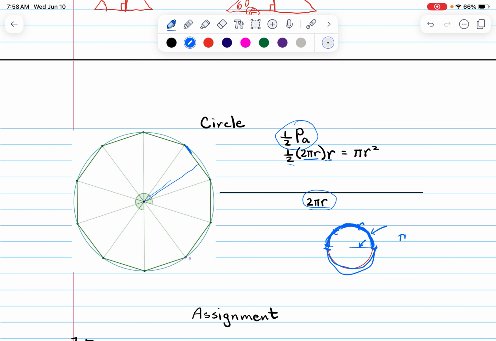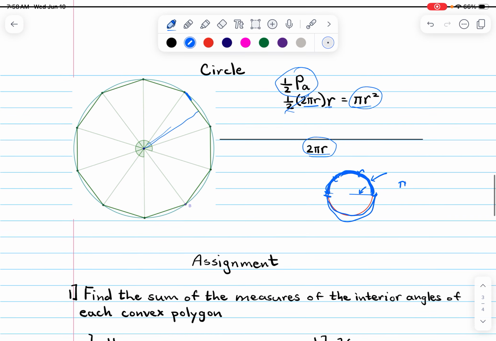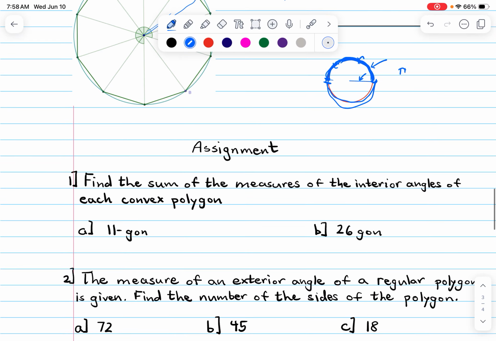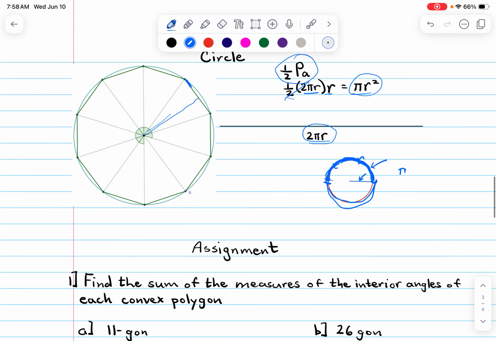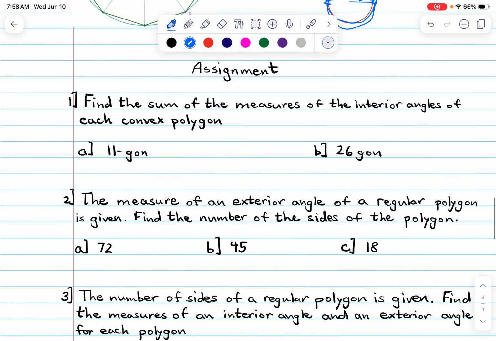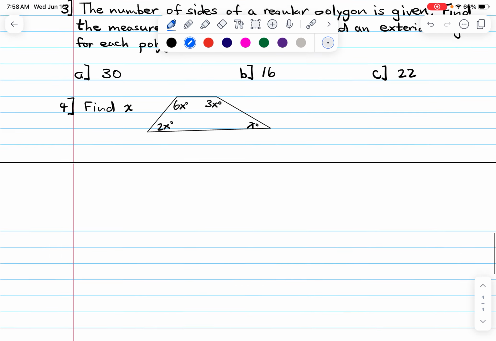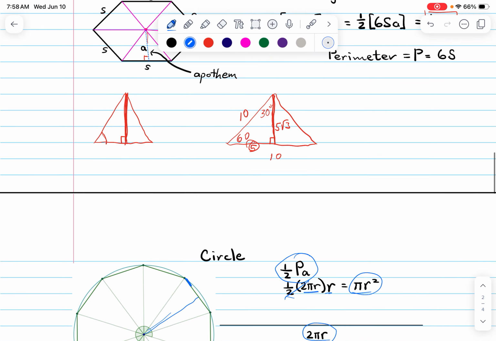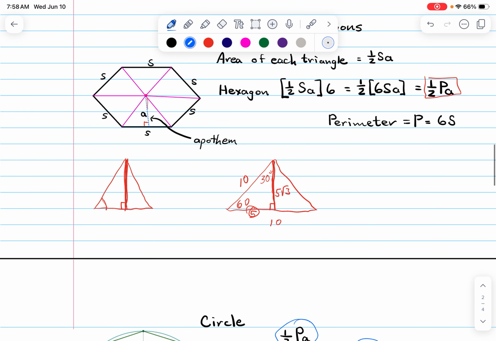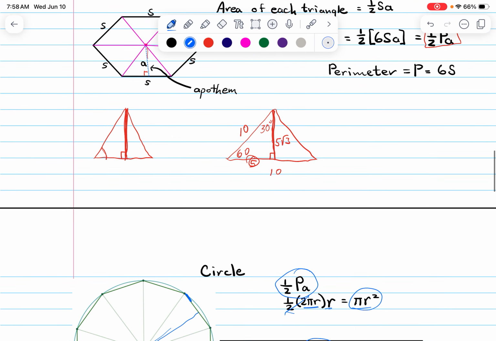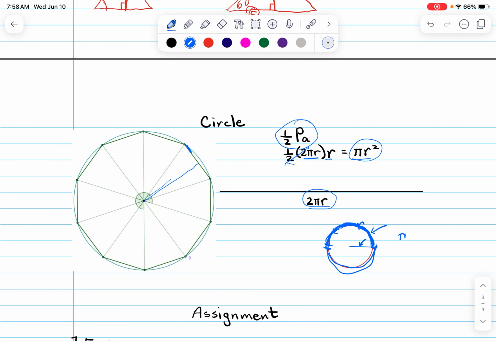So these 2's cancel and you have pi r squared. I'm just throwing that in there because we're going to make reference to that later, where we talk about the area of a circle and put polygons inside a circle. But right now, we're just playing around with these angles of a polygon, and I wanted to make this connection with the circle here.